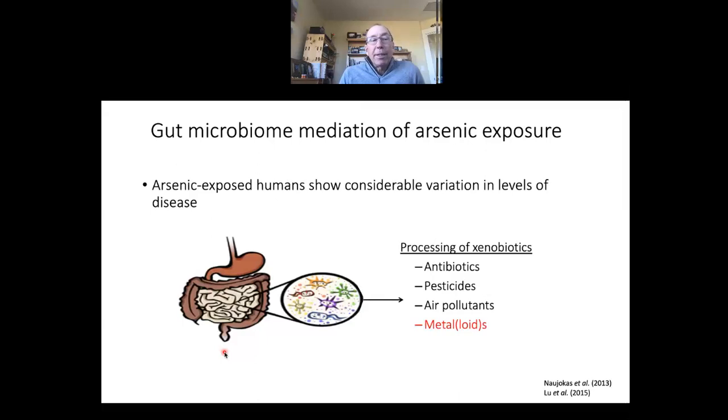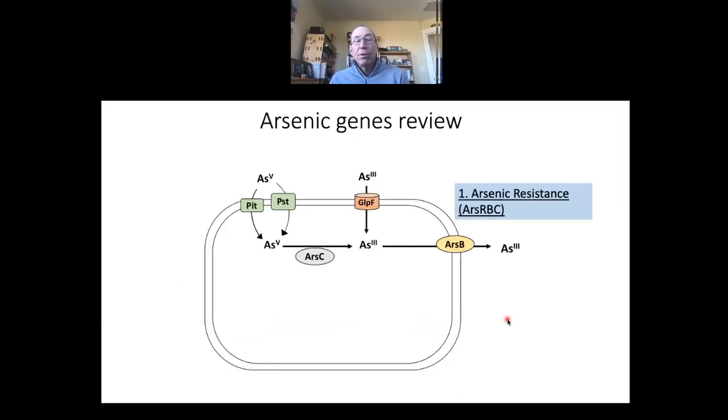And this got us to thinking about the gut microbiome, because we know that microbes can essentially convert these forms of arsenic, and might they be playing a role in essentially arsenic exposure in humans? Because we know already that the microbiome is important for processing antibiotics, pesticides, air pollutants, and now we're asking the question about metalloids. So let's go back and look at our arsenic genes again.